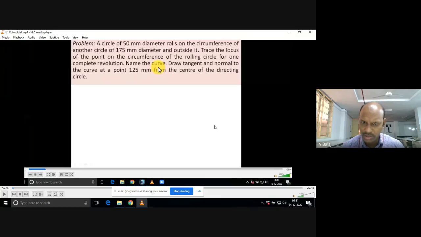What is the first step? We need to calculate a simple angle, because the ground is not a straight one. We need to calculate some included angle. The simple formula is theta equals small r by capital R into 360. Small r here is the rolling circle, diameter given, 25, and capital R diameter given, 175 divided by 2.